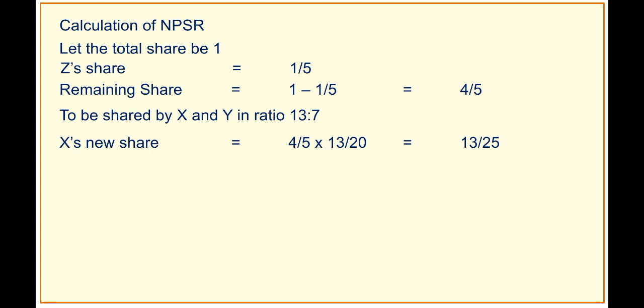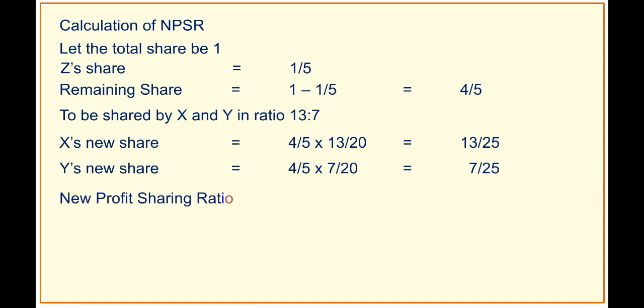So into 13 by 20, it comes 13 by 25. Then Y's new share will be remaining into Y's share. So remaining is 4 by 5 into Y is going to share profit in 7 part. So 7 by 20, it gives 7 by 25. That's it. New profit sharing ratio of X, Y and Z is equals to 13 upon 25 ratio 7 upon 25 ratio 1 by 5.